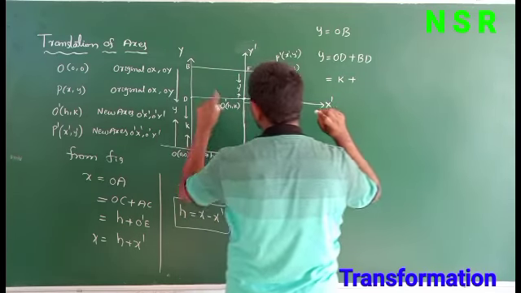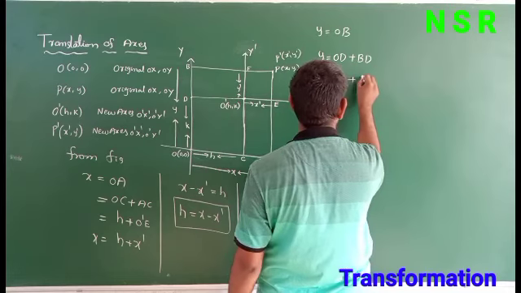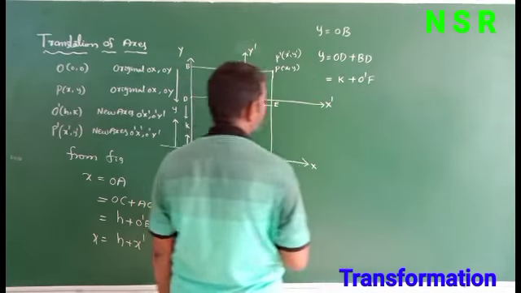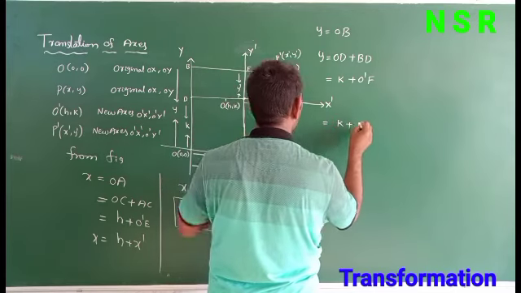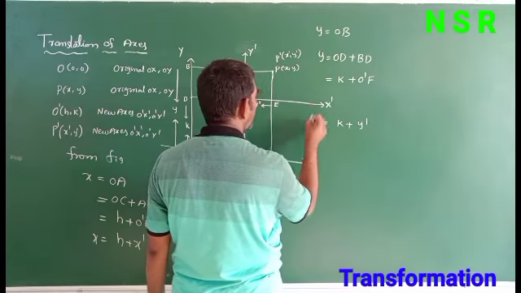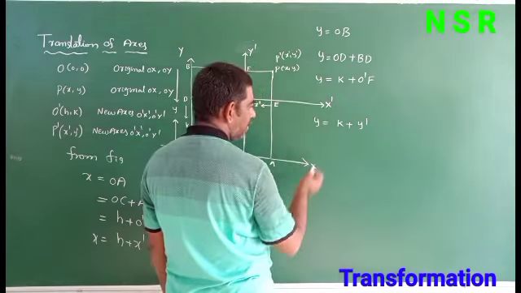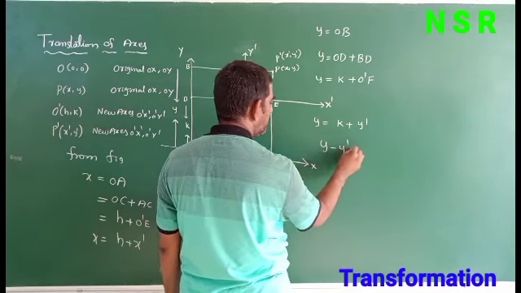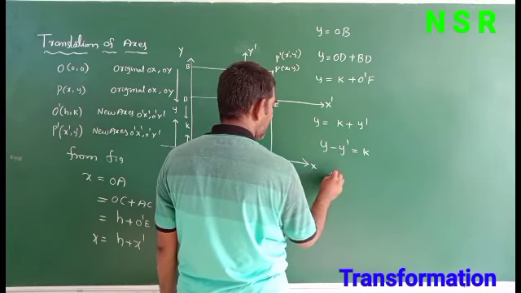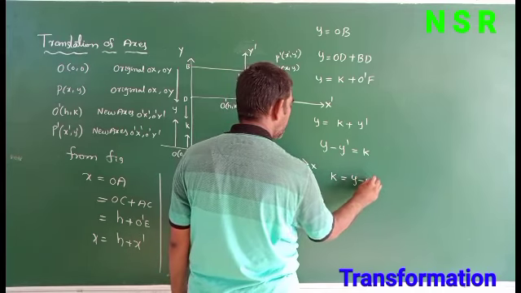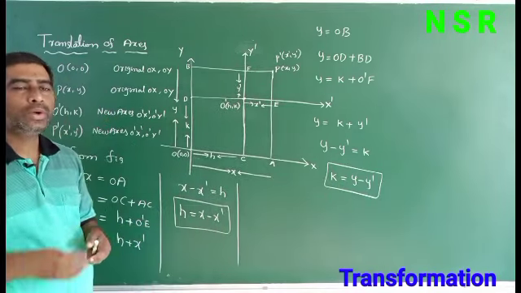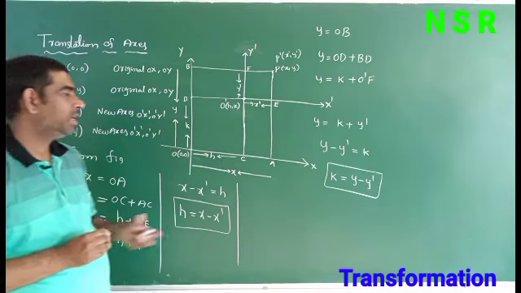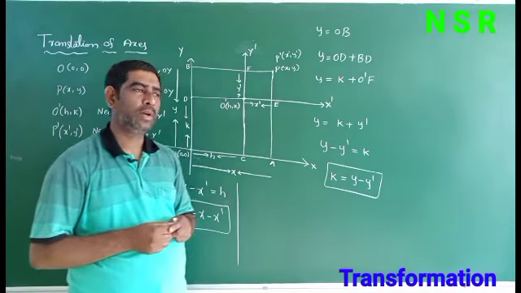We do not have the BD distance, but BD distance is equal to O dash F. Now k plus O dash F distance y dash. Now we get y is equal to k plus y dash. Moving this side, it is equal to k. Now k equal to y minus y dash. So h is equal to x minus x dash and k equal to y minus y dash.